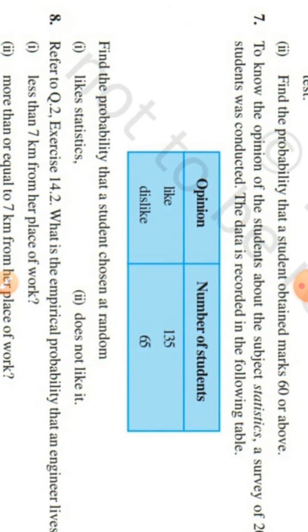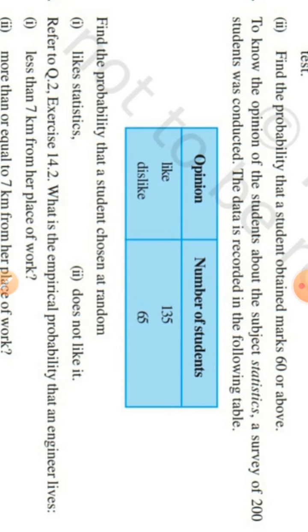Find the probability that a student chosen at random likes statistics, and does not like it. Either likes or does not like. So look there, very simple. The first answer will be 135 upon 200. You will get it in simplest fraction after cutting. The second one's answer will be 65 upon 200. Why? Students chosen at random like statistics: how many students like statistics? 135.